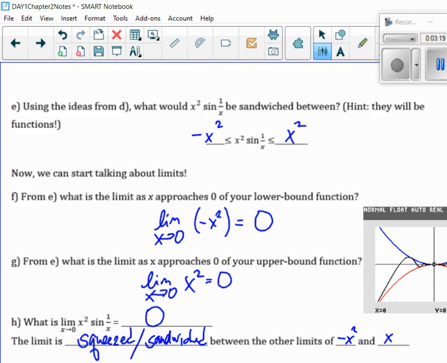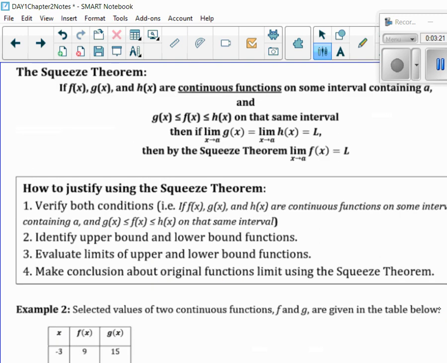Okay, so that takes us to your first official theorem of the course. If they ever ask you a question and you know you have to use the squeeze theorem, you have to justify it by making sure it meets the criteria. They actually don't give you any marks if you just state this is the squeeze theorem, therefore the limit is 0. You actually have to state specific things to get your full marks.